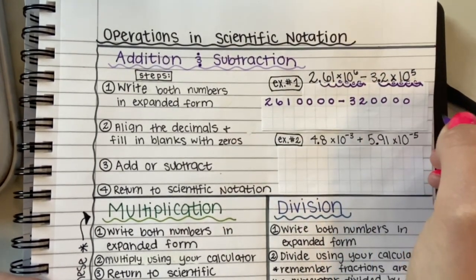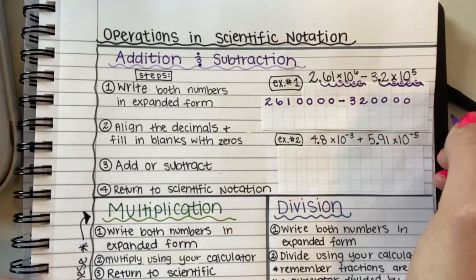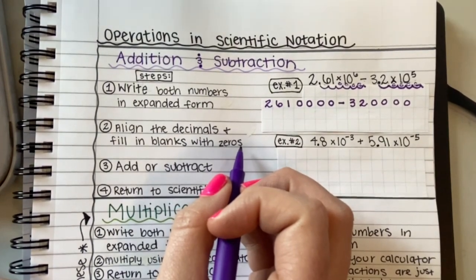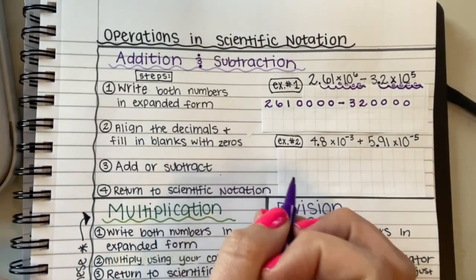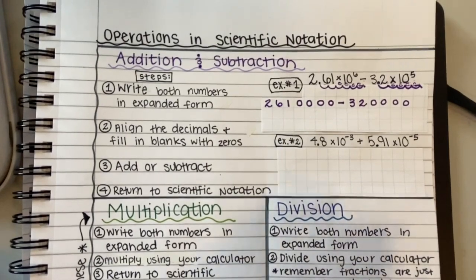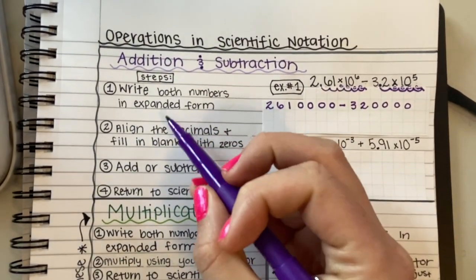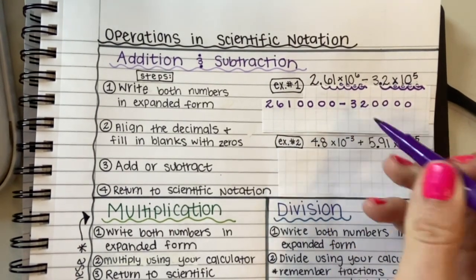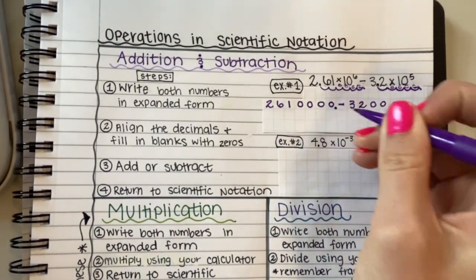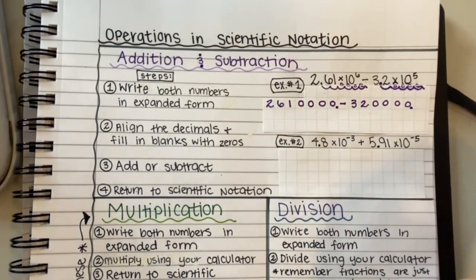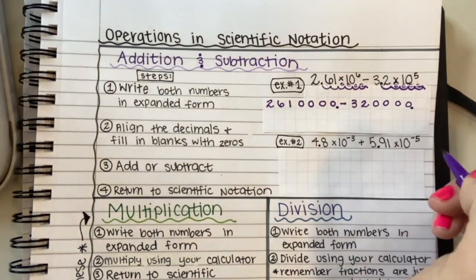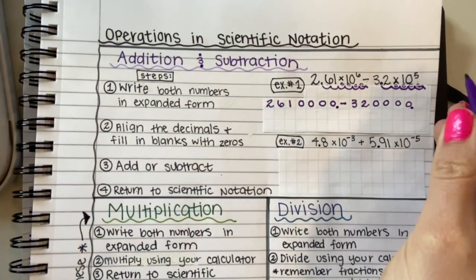When it's perfectly spaced out like this, it makes it a lot easier to line up the decimal points, which is my second step. It says align the decimals and fill in the blanks with zeros. This second part is really important because it's tying together steps 1 and 2. We already filled in the missing spots with zeros. I'm going to put a decimal at the end because that's the assumption: if there's no decimal point present, we know it's just a decimal right at the end.